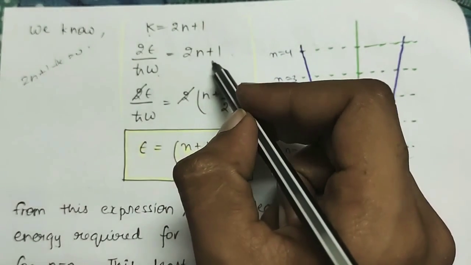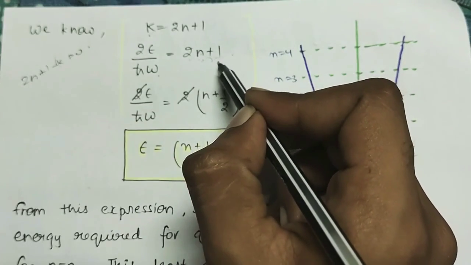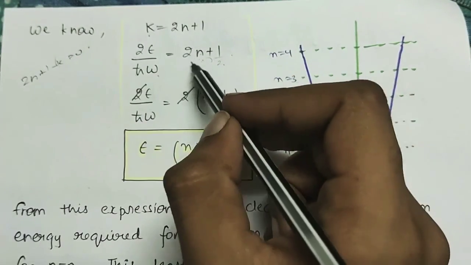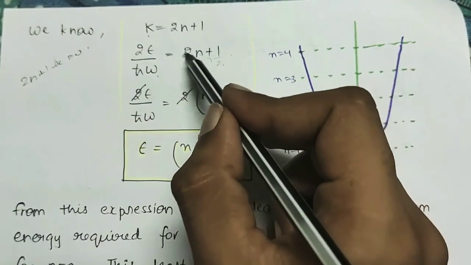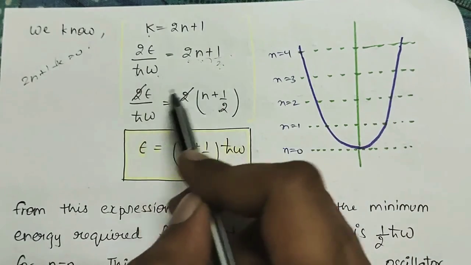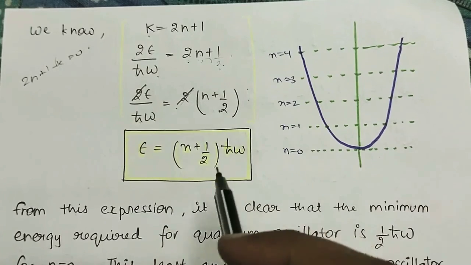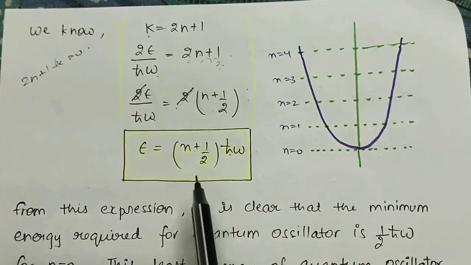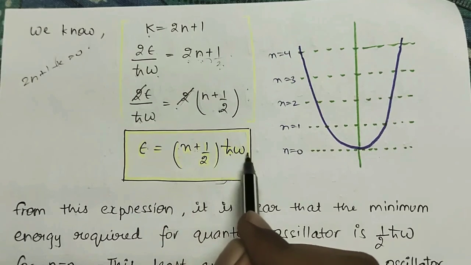If I take 2 as common, 2 times n plus half, the 2 cancels, and E over h cross omega is going to be a multiple of n plus half. So this expression gives E equal to n plus half h cross omega.